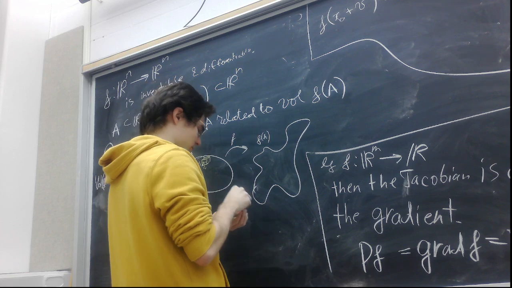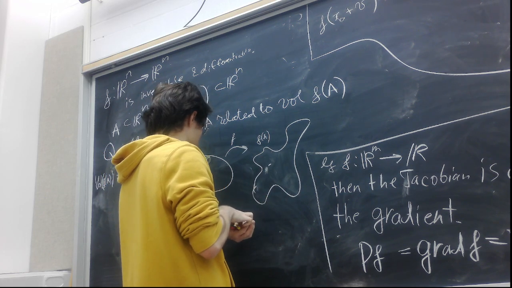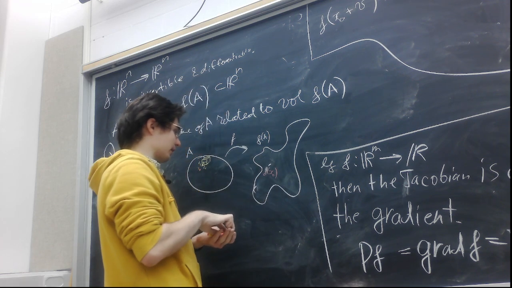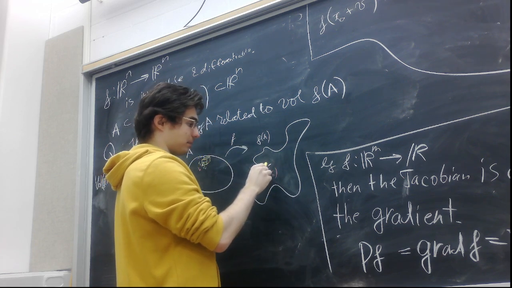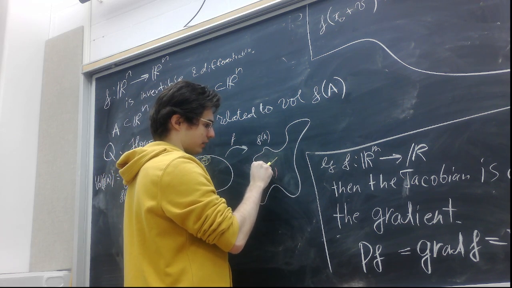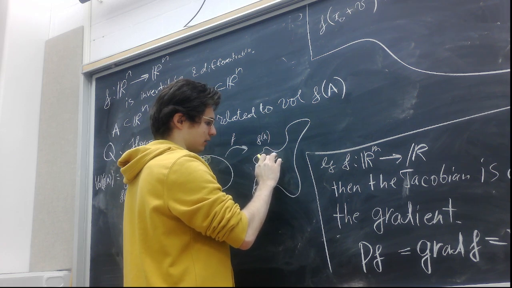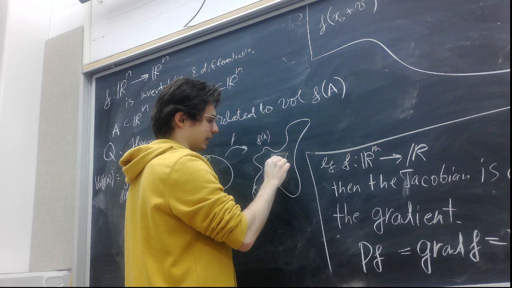Okay, and so suppose this is f of x naught. These three vectors could have been mapped to something really weird, like that. So it's no longer a straight box.